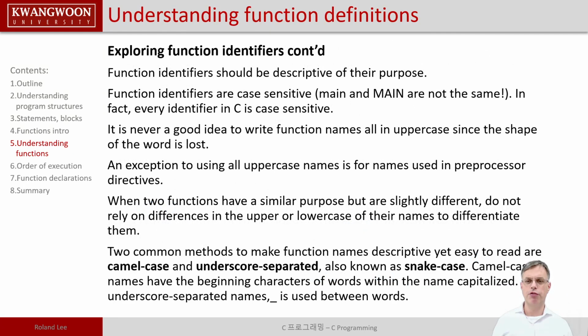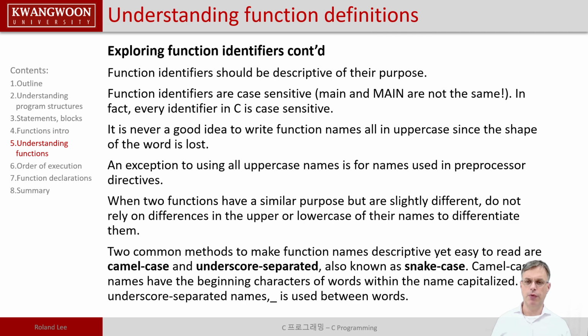Function identifiers should be descriptive of their purpose. You would expect a function named greeting to print a greeting. Well, we already talked about that function identifiers are case sensitive. This means that a lowercase main and an uppercase main and sentence case main are different function names.